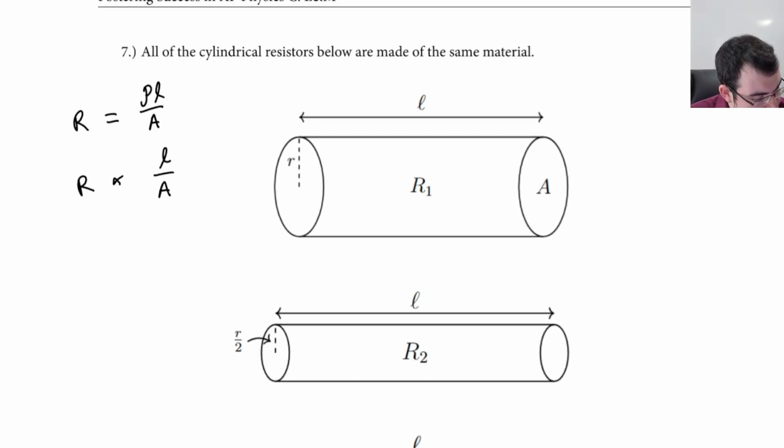So here, R1 is equal to, the length is just going to be 1L, and the area is just A. So R1 has a resistance of 1, we'll call it.